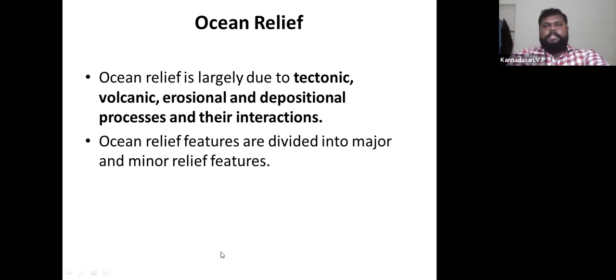So for the ocean relief, you guys are already aware of certain things, for example, mid-oceanic ridges. What is a mid-oceanic ridge? Guys, are you there?